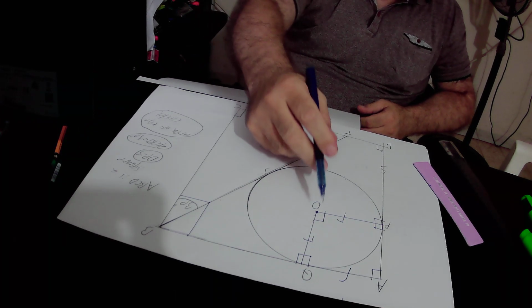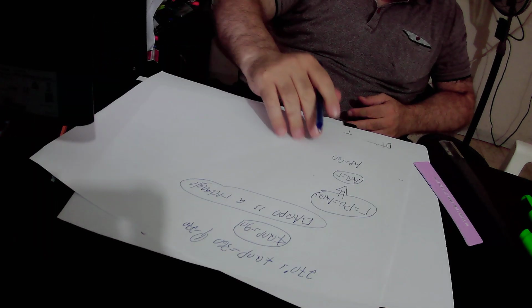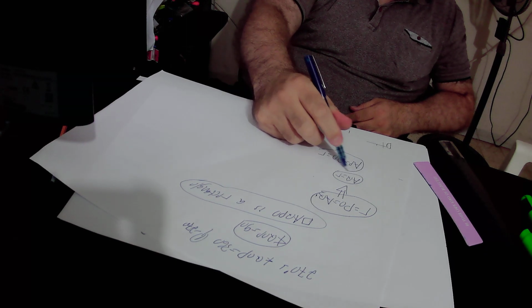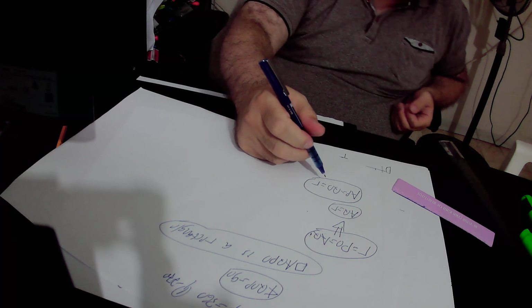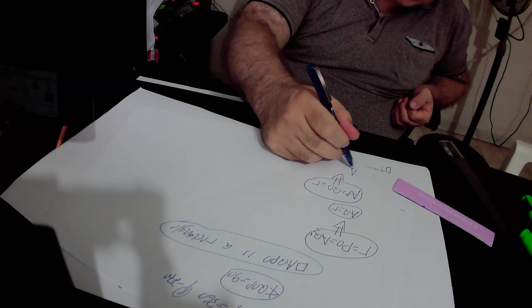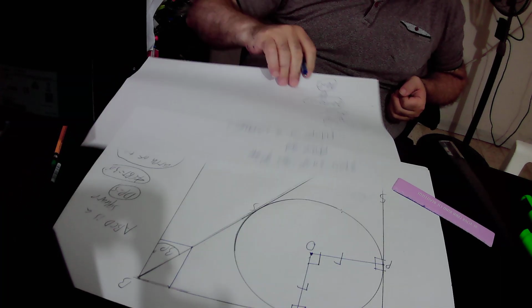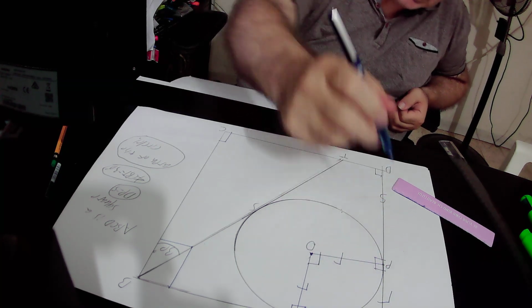But we know that QO equals R, it is the radius of the circle, so from AP equals QO equals R, we derive that AP is also equal to R. So we found out that AP equals R.